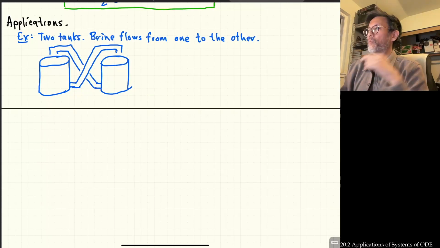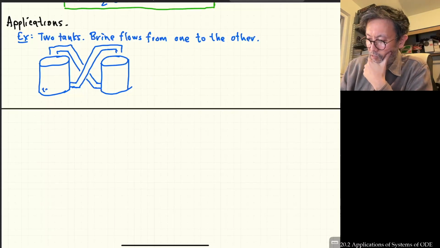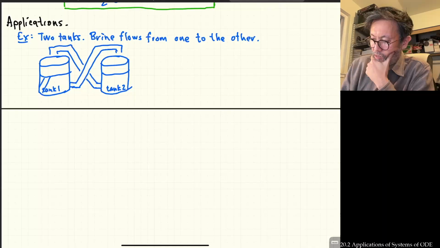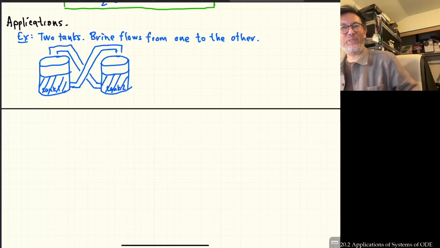Okay, so we've got solution going from tank, here's tank one, and here's tank two. We've got solution inside each, like this. Hopefully you can understand what's happening here.